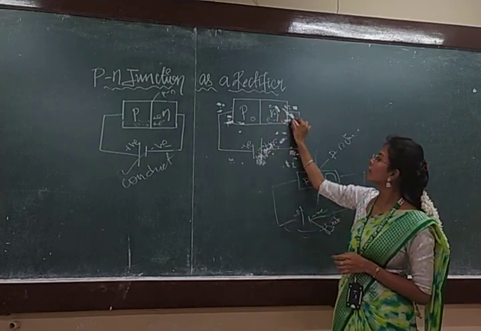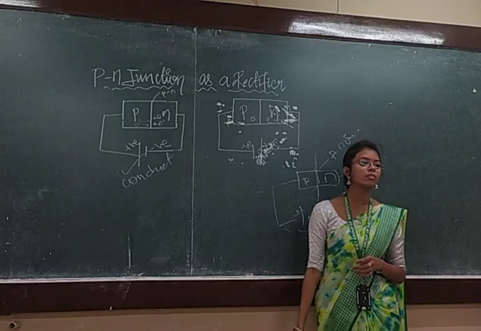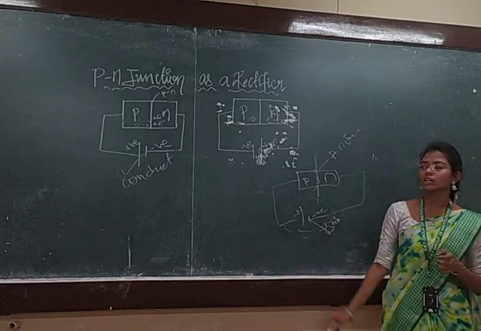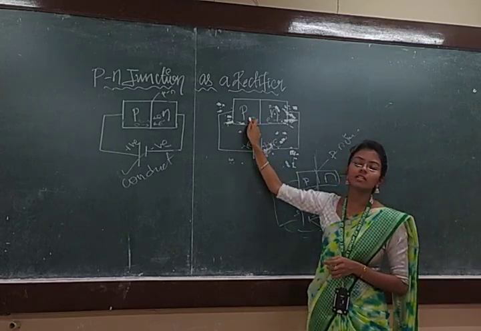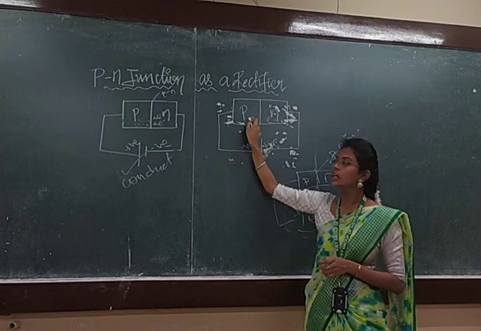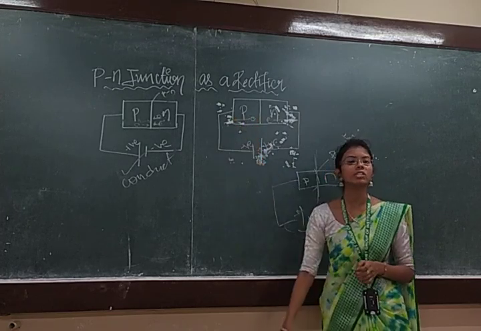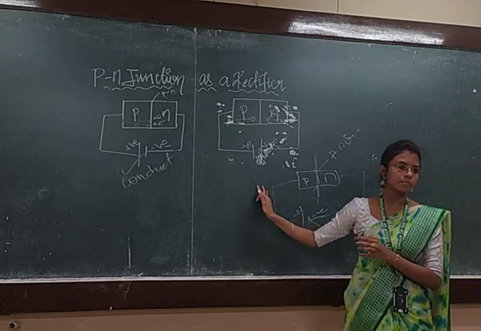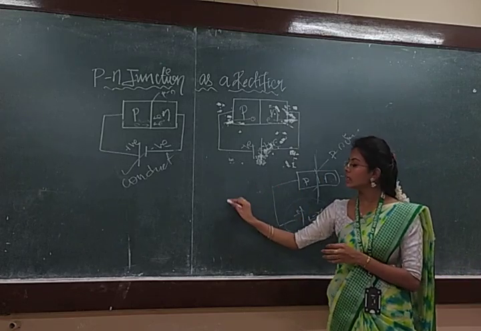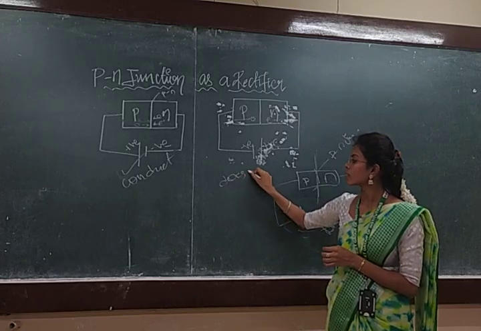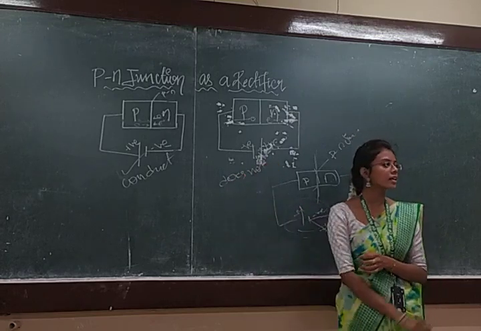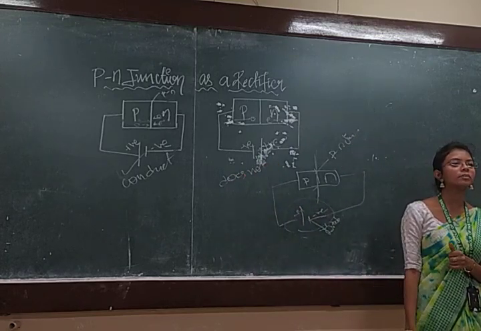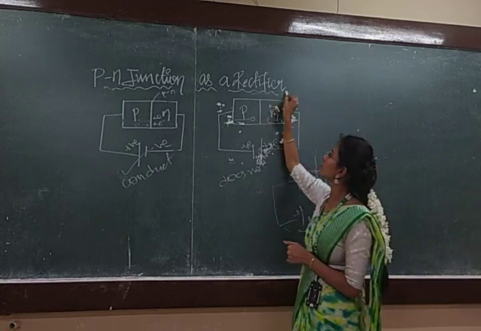They will move away from the junction. And who are the charge carriers in P-type? Holes, right? They also move away from the junction. So you cannot see any flow of electrons in this case. So here it does not conduct electricity. Understood now?